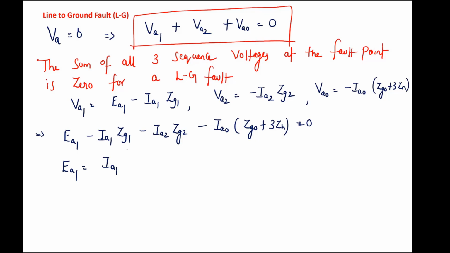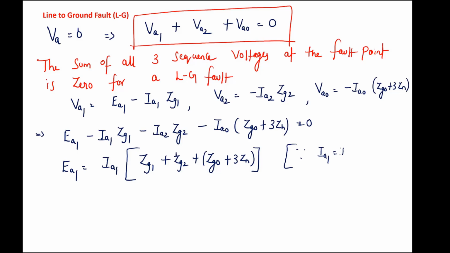times, if I take common, ZG1 plus ZG2 plus ZG0 plus 3ZN. Why am I writing like this? Since IA1 is equal to IA2 is equal to IA0 for LG fault.